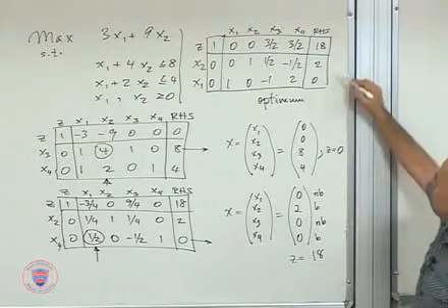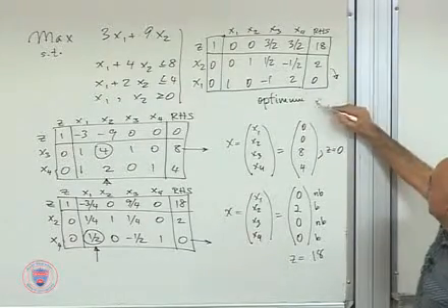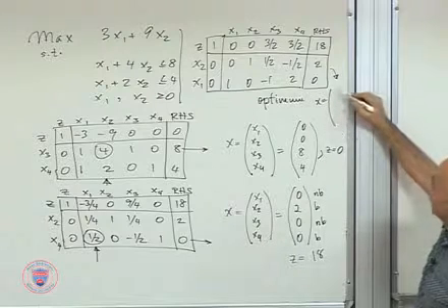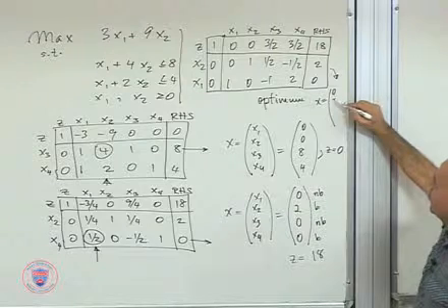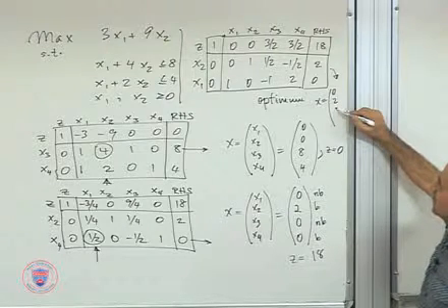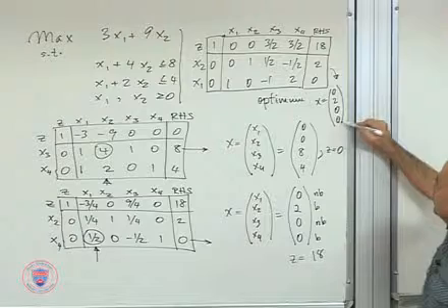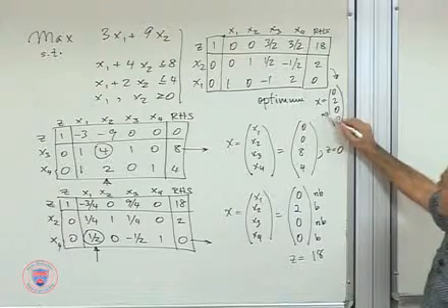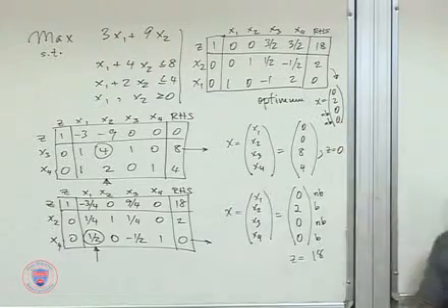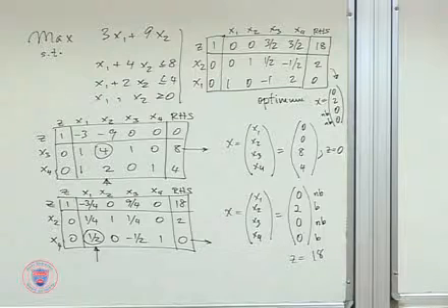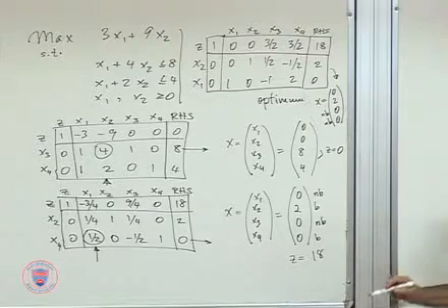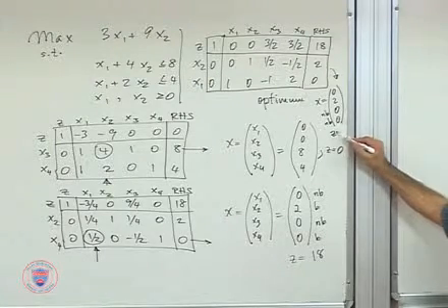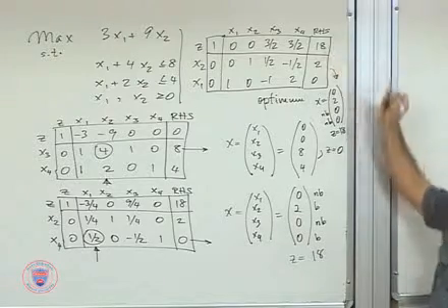The solution here for the last one, x equals, again, you've got x1 equal to 0, x2 equals 2, x3 is 0, x4 equals 0. In this case, the non-basic ones are the last two components. The first two components are, of course, basic. Okay? And the objective value for this one is also 18.